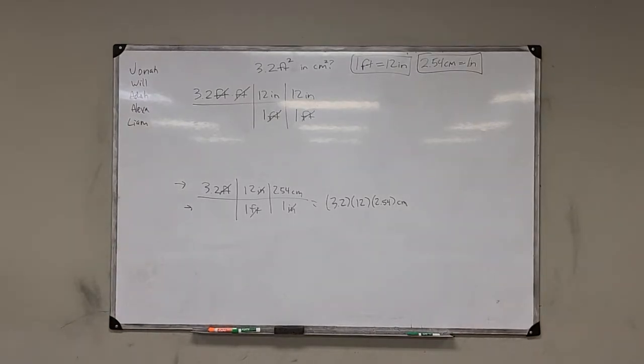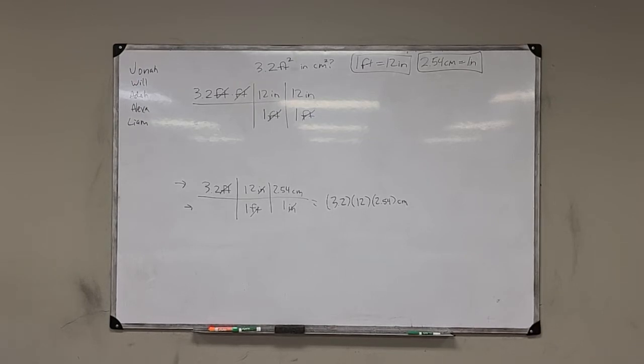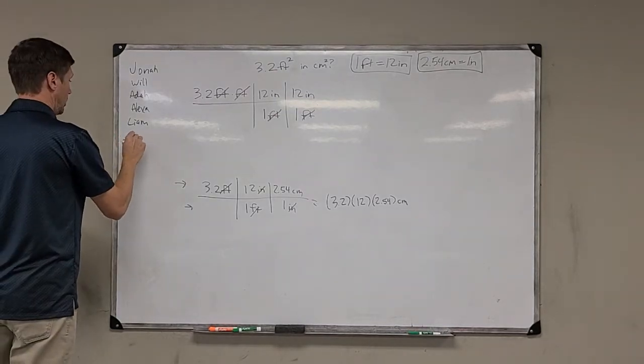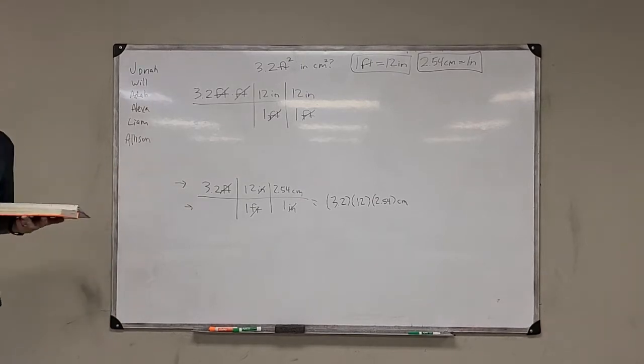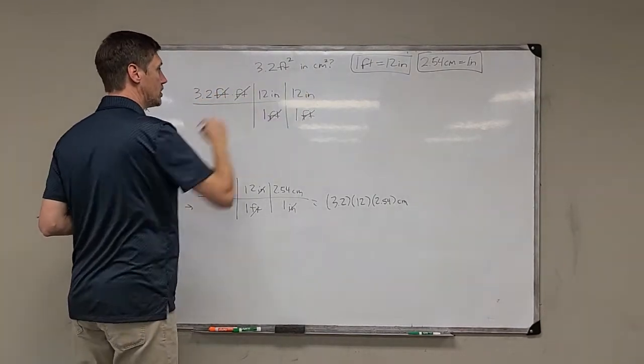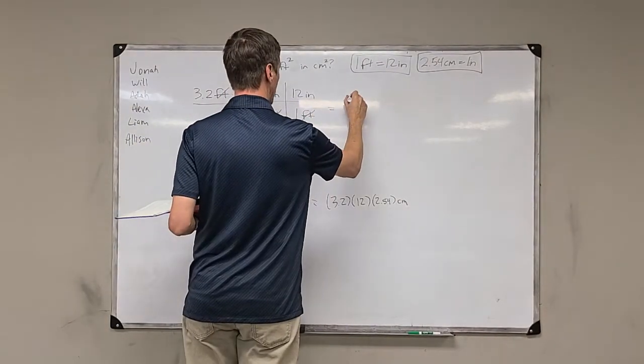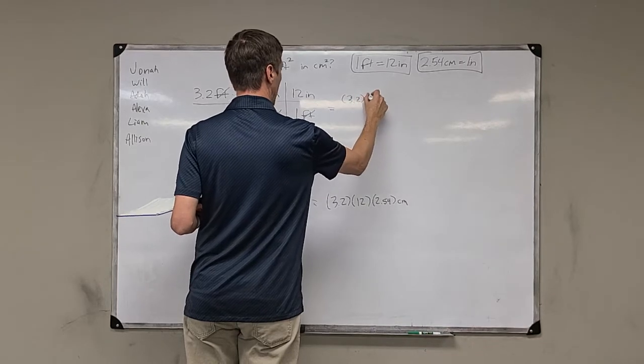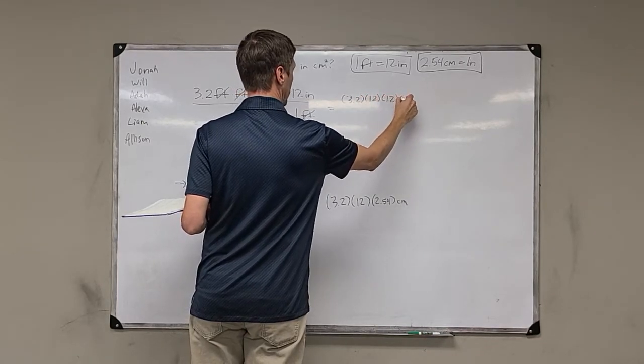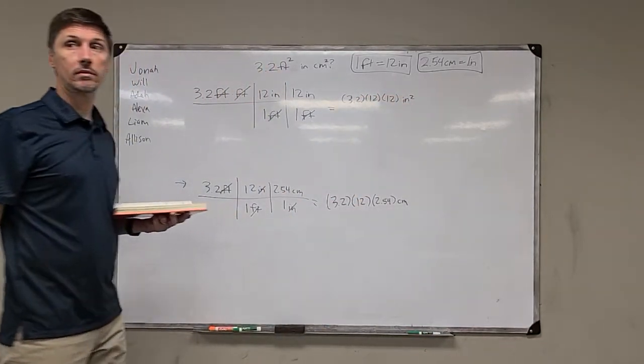If I stopped right there, what would my resulting units be? Inches squared, right? Yep, inches squared, because it's inches times inches. So if I stopped right there, I would say my answer is 3.2 times 12 times 12 inches squared, right?